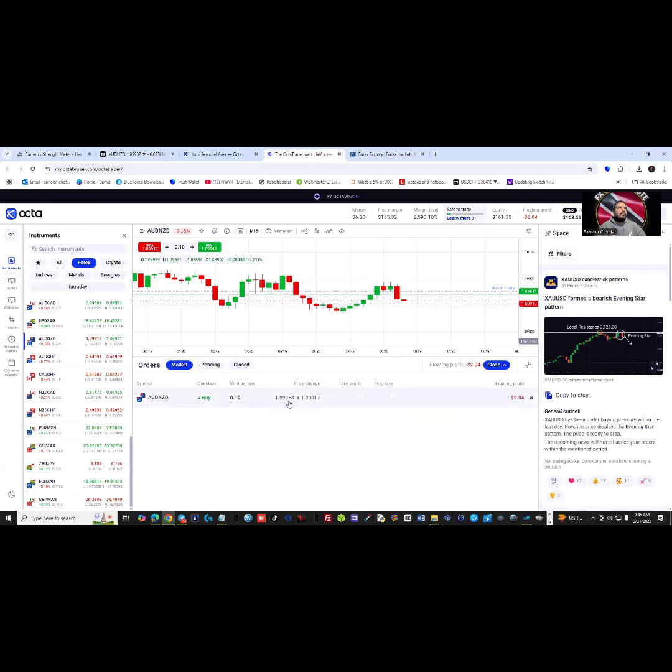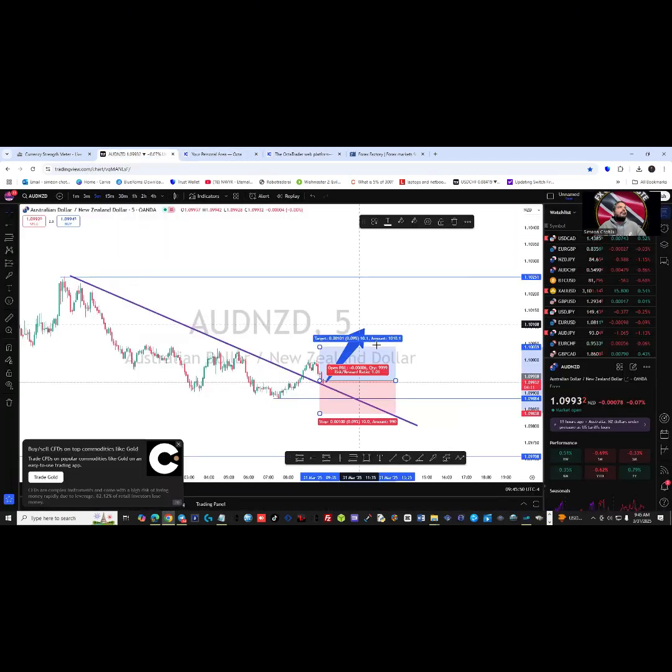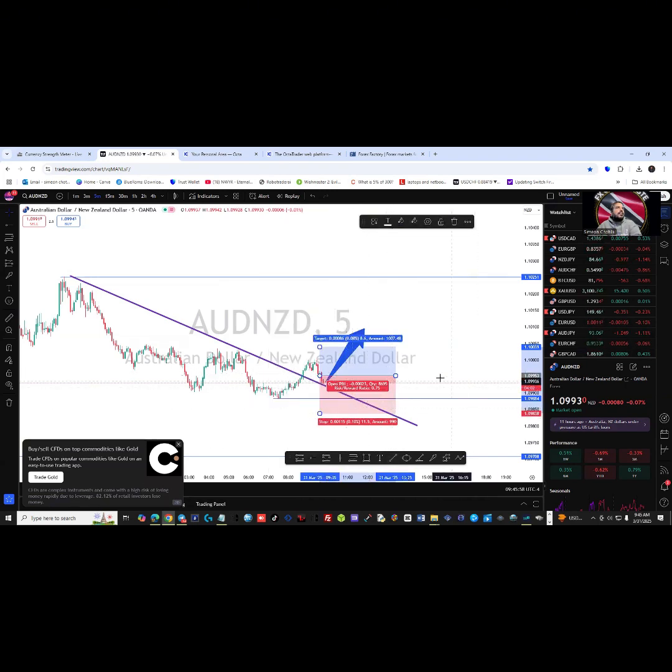We got in at price 0.9953. So we're gonna make sure it's at the 953 entry. Perfect. And we want to check 10 pips on there. That'll give us roughly about this area here.